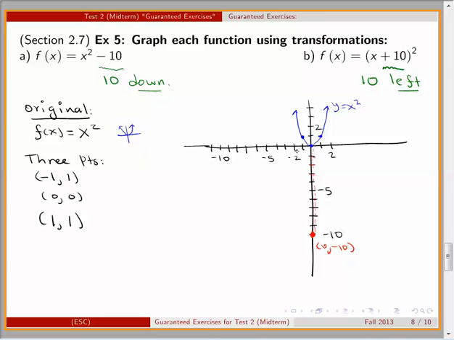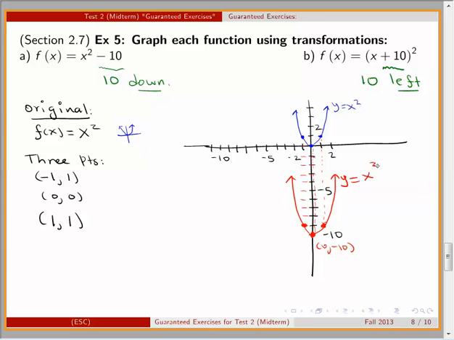This second point we move 10 units, and when you get to the 10th place, you get this point, and we do the same with the point on the right, 10 units down. The shape should be the same as the original. When you connect the points, you get this, and this will be the graph of x squared minus 10.